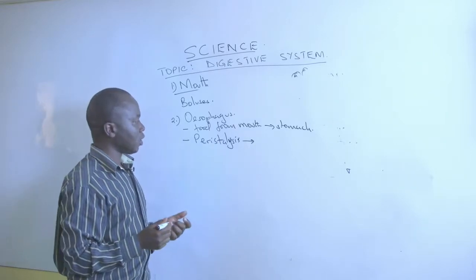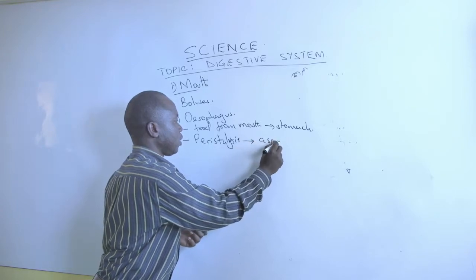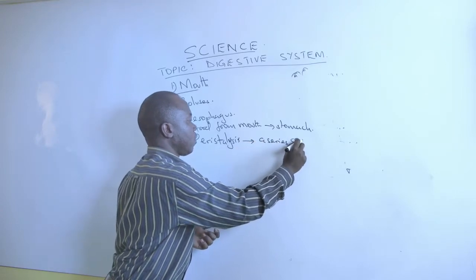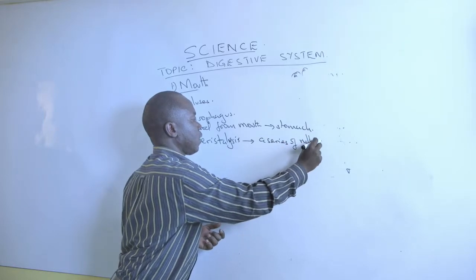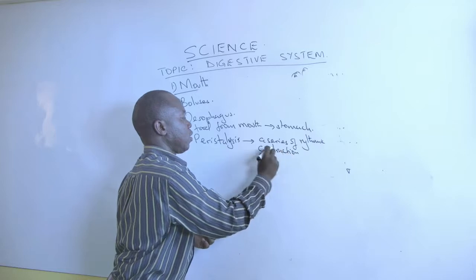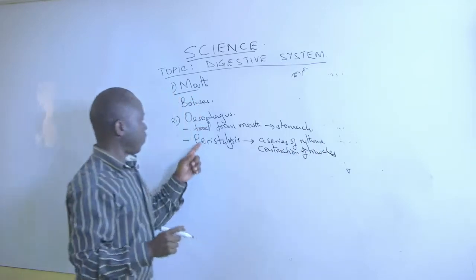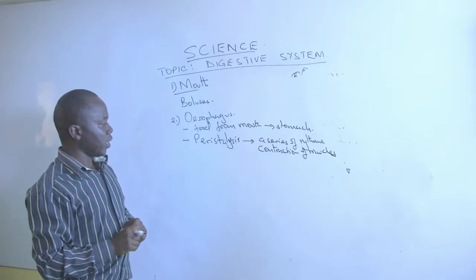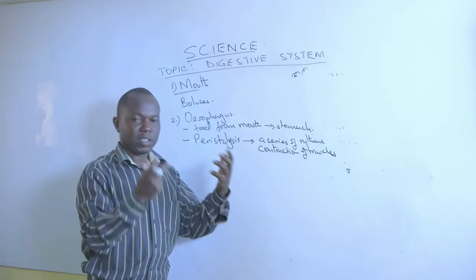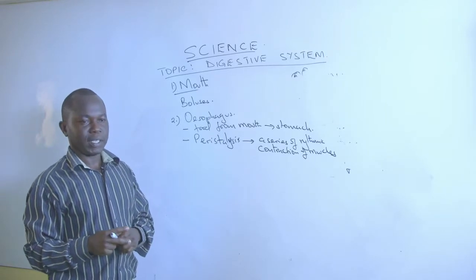Peristalsis is a series of rhythmic contraction of muscles found in the esophagus. So by peristalsis, food is able to move down the esophagus.